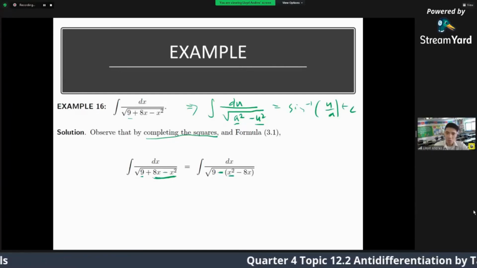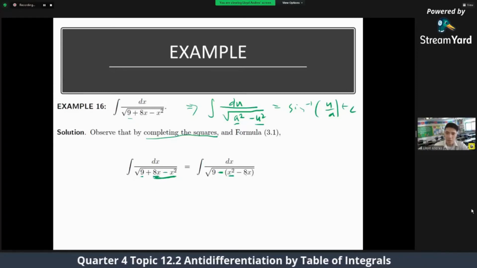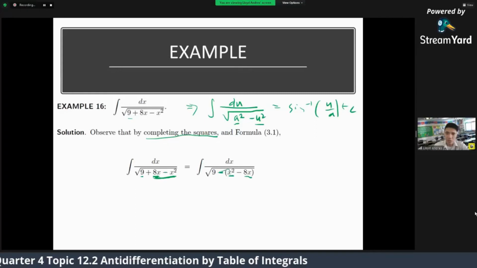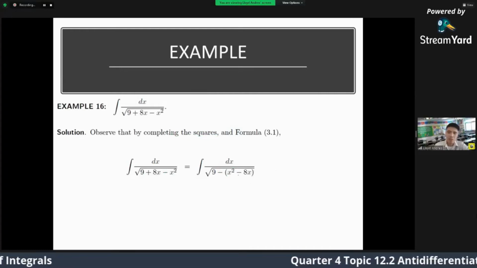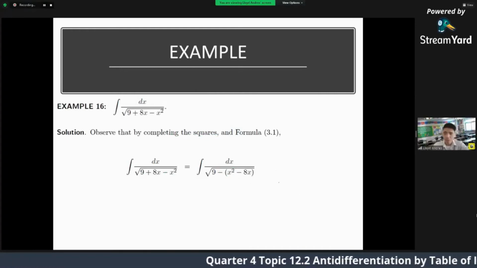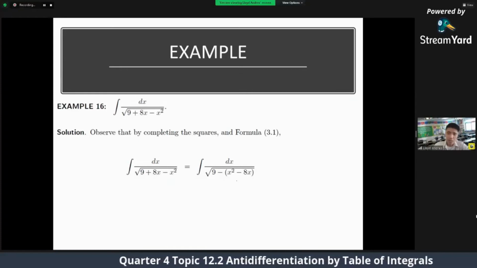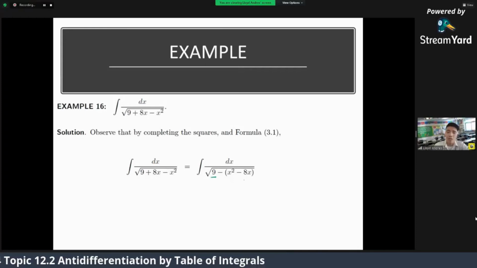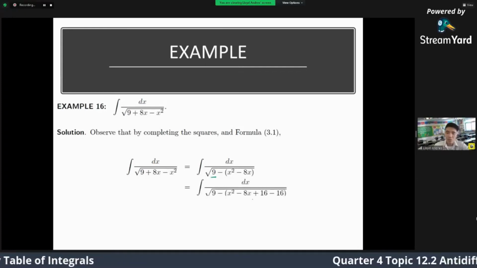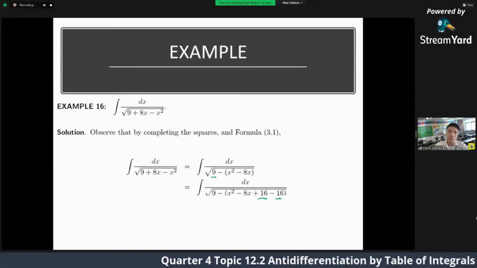Tapos ang positive 8x ma-negative na pud na. Kay kung i-distribute na nimo si negative, kung negative si x squared, mo positive si 8x. So, okay na. Anyway, so kana perfect square na ni kanila lang ang kulang. Unsaon nato ni para ma perfect square? Ang gibuhat nag plus 16 siya og minus 16. Asa na gikan?